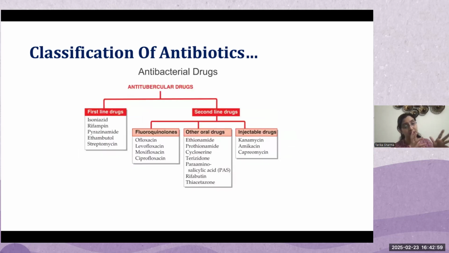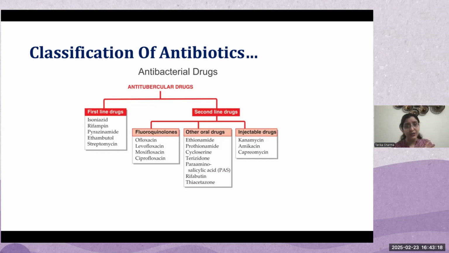Then you have the antibiotics which target Mycobacterium tuberculosis, known as anti-tubercular drugs, where you have the first line drugs, which are preferred, and then the second line drugs. In first line drugs, we have HRZE, that is isoniazid, rifampicin, pyrazinamide, ethambutol.